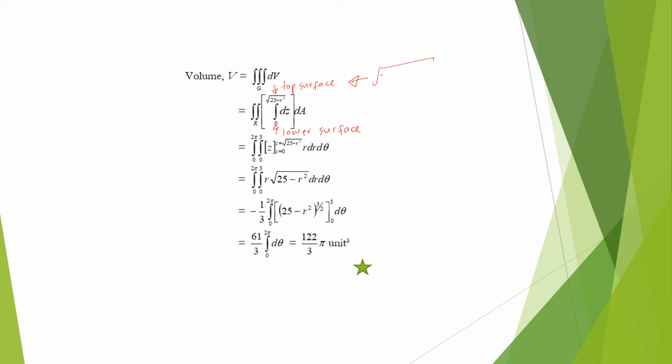We have 25 minus x squared plus y squared, which equals 25 minus r squared, so you have to change it by using the formula.